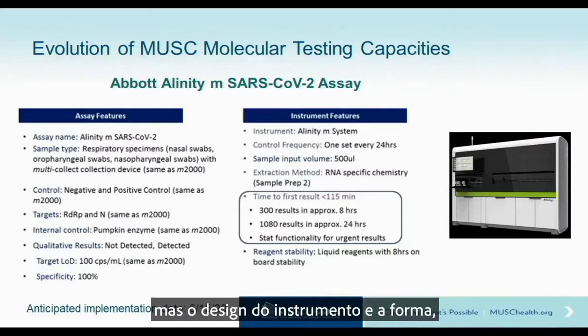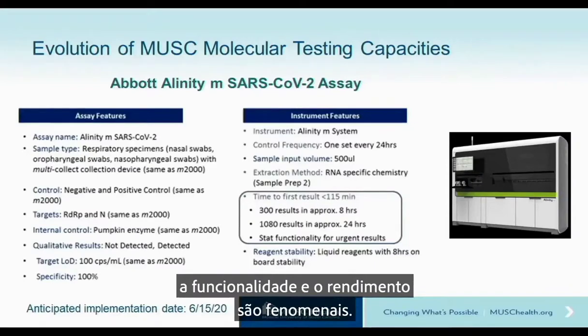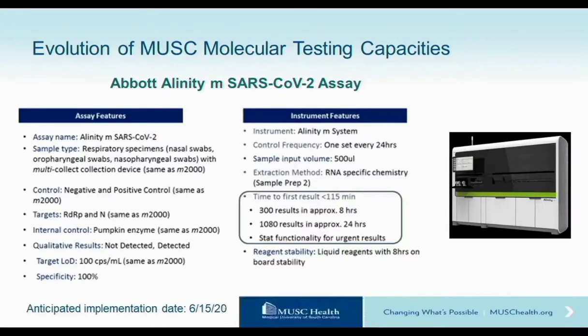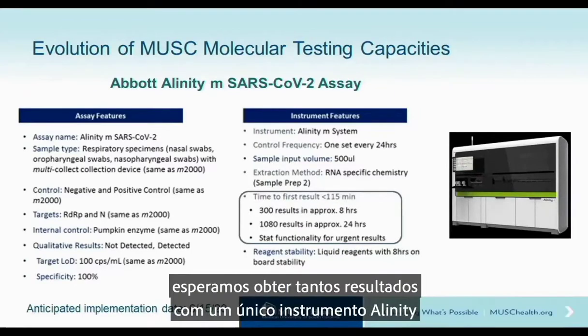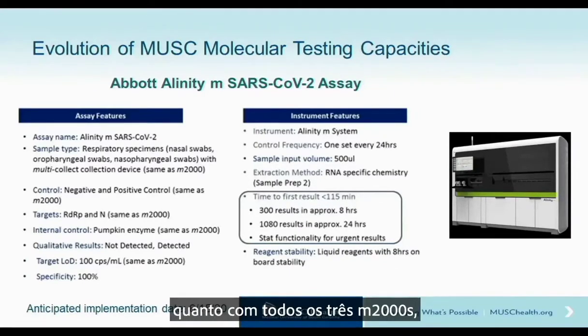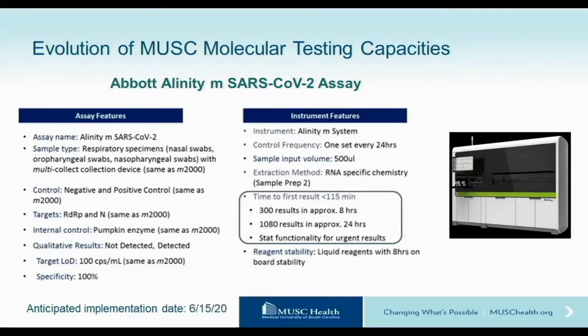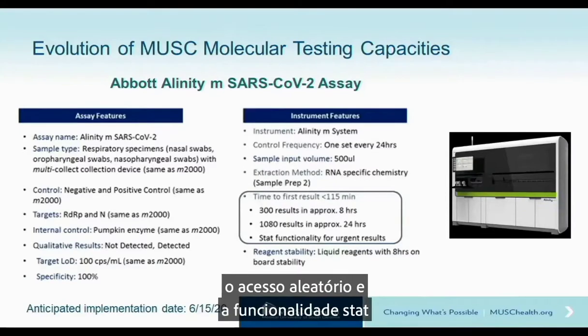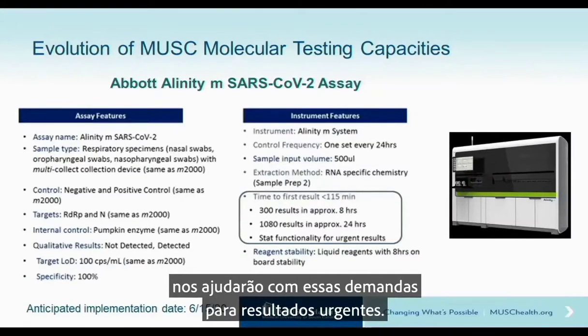But the design of the instrument and the functionality and the throughput is phenomenal. So basically, we expect to get as many results out of a single Alinity M instrument as we do out of all three of our M2000s. The analysis time is much shorter. The random access and the stat functionality will help us with those demands for urgent results.